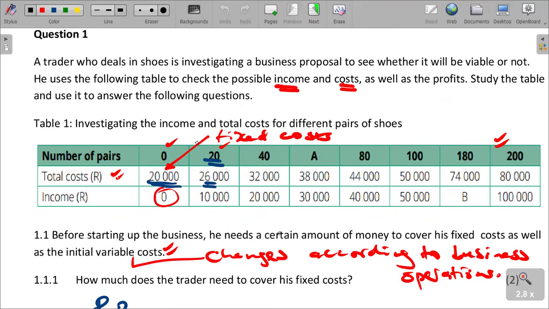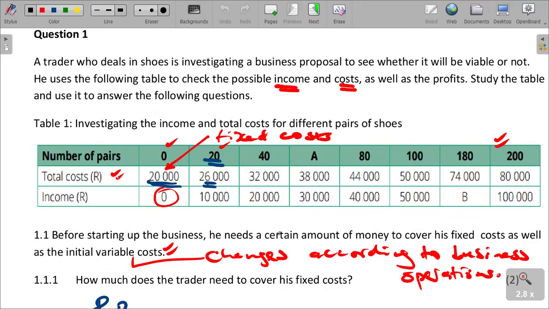In this case he is going to sell each pair at 500 Rand. Income is equal to number of pairs multiplied by the cost per pair.